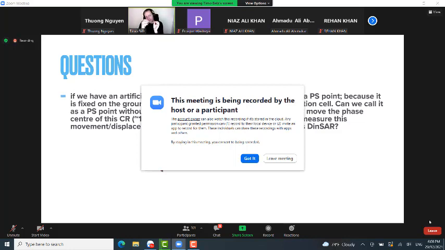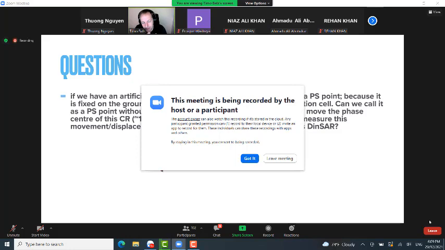So if you remember, for PS InSAR, we select these PS points, and we connect them, because what we actually measure in InSAR is always a relative difference. That means a difference from one point to another, from one pixel to another.